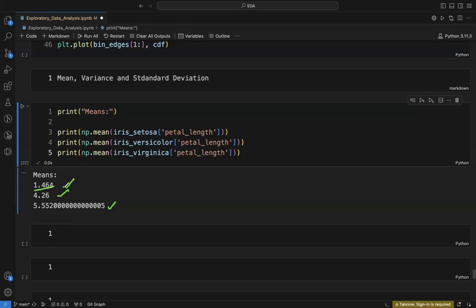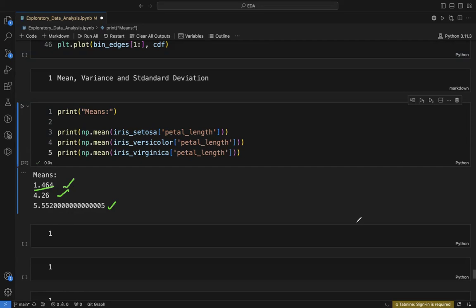Of course, the petal length of versicolor on average is smaller than that of virginica, but the difference is not as significant as with Setosa. That's the first takeaway. This is clear on what a mean is.